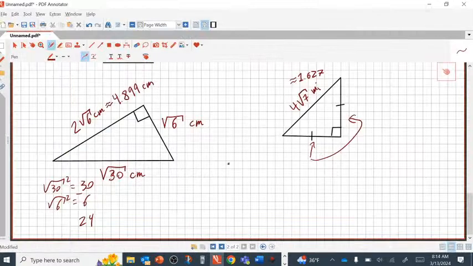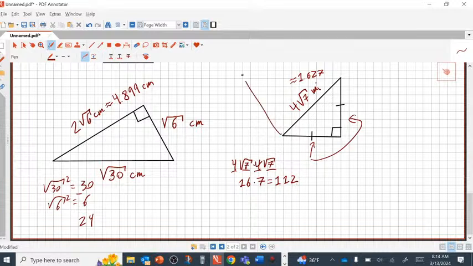Honestly, I kind of do these by hand myself. When I think 4 square roots of 7 times 4 square roots of 7, I think 4 times 4 is 16. Root 7 times root 7 is 7. It's 16 times 7, which is 112. So that means that the area here is 112 miles squared.